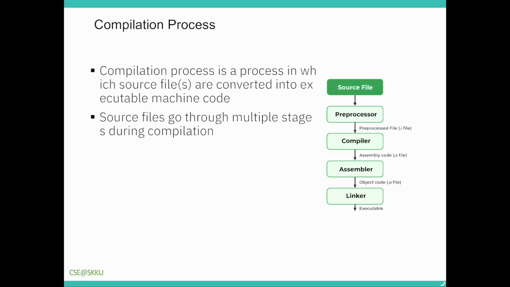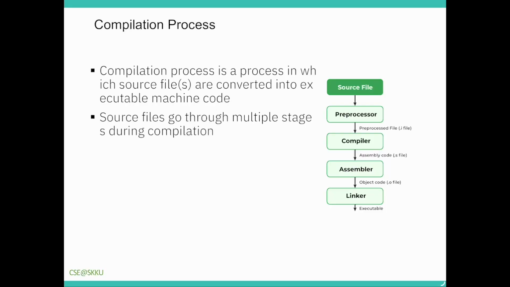All right, so the compilers and the compilation process has a very close relationship with the ISA and the human readable source code. So the compilation process is a process in which source files are converted into executable machine code. So source files written in, for example, C or C++, go through multiple stages during compilation to finally yield an executable file.